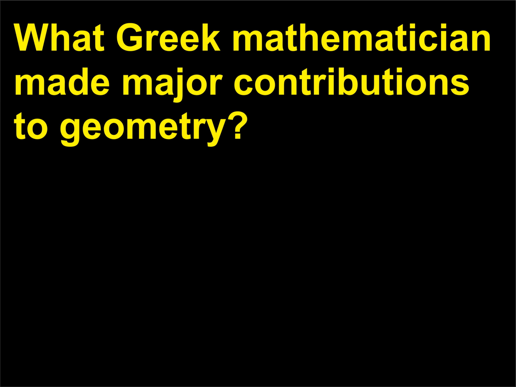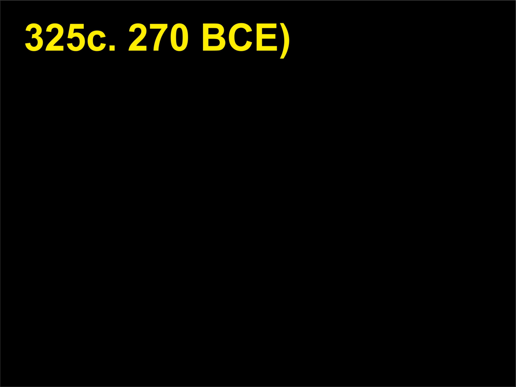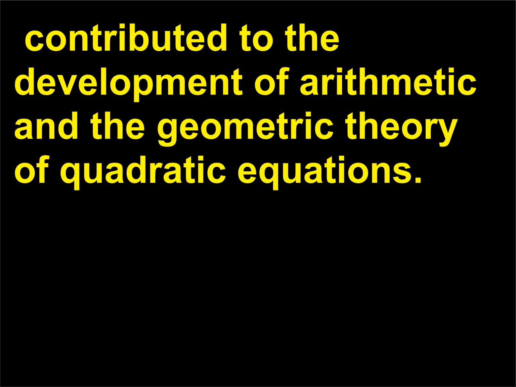What Greek mathematician made major contributions to geometry? The Greek mathematician Euclid, c. 325 c. 270 BCE, contributed to the development of arithmetic and the geometric theory of quadratic equations.